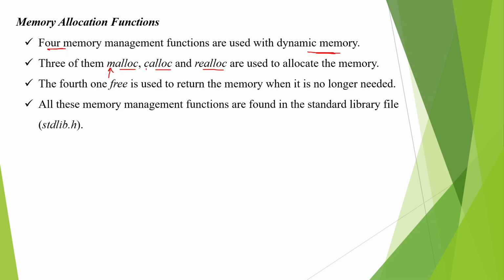Calloc, C in the sense contiguous, one after the other, so contiguous allocation. And realloc, RE in the sense reallocation. Memory allocation, contiguous memory allocation, reallocation. Like that you remember these 3 functions.